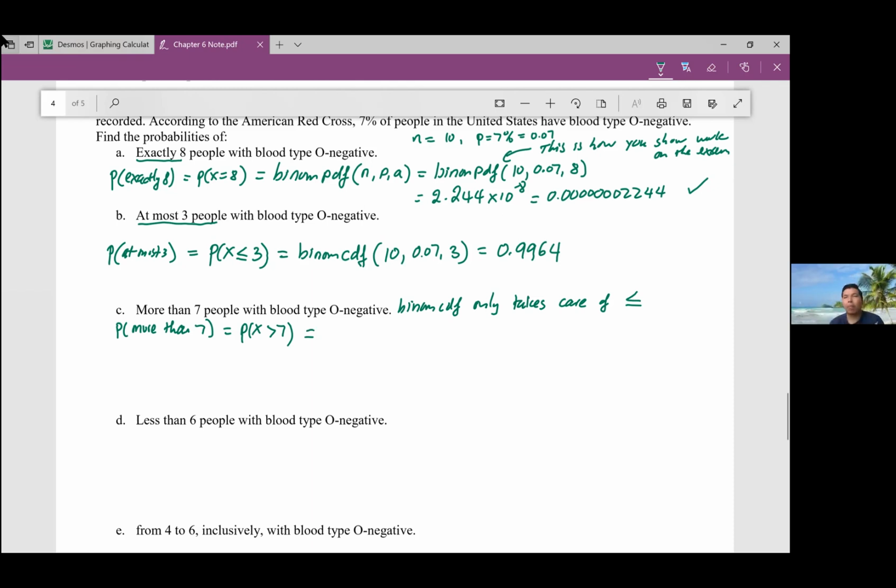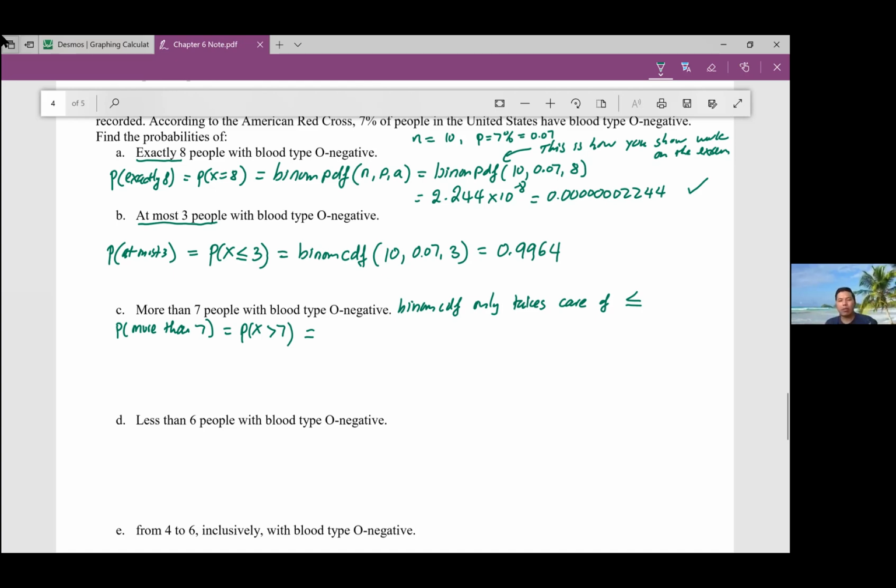So again, if we want more than 7, which ones do we throw away? That's the logic. I want more than 7, so I want 8, 9, and 10.